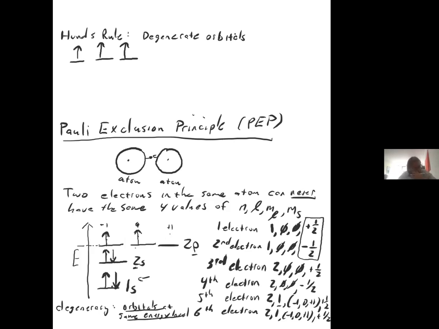So what does this do in terms of spin? Right? The first one, m sub s is +1/2. The second one, it's also +1/2. The third one, it's also +1/2. And it turns out spin is additive.